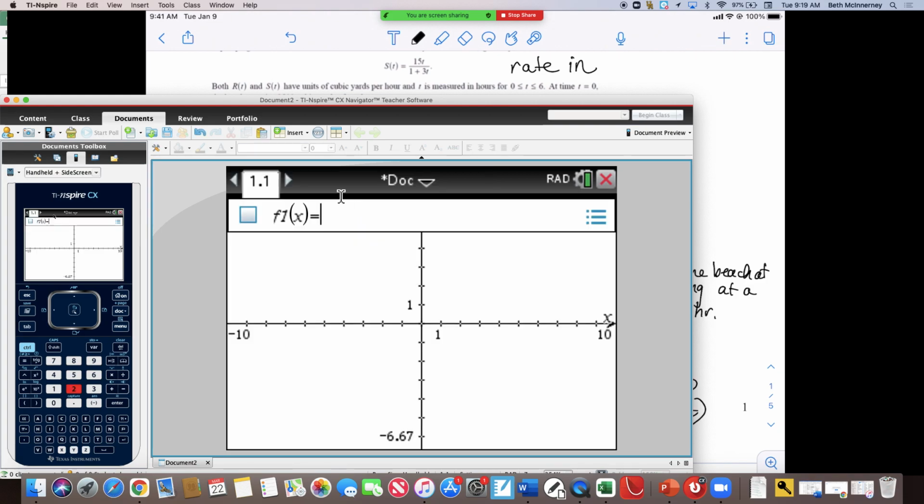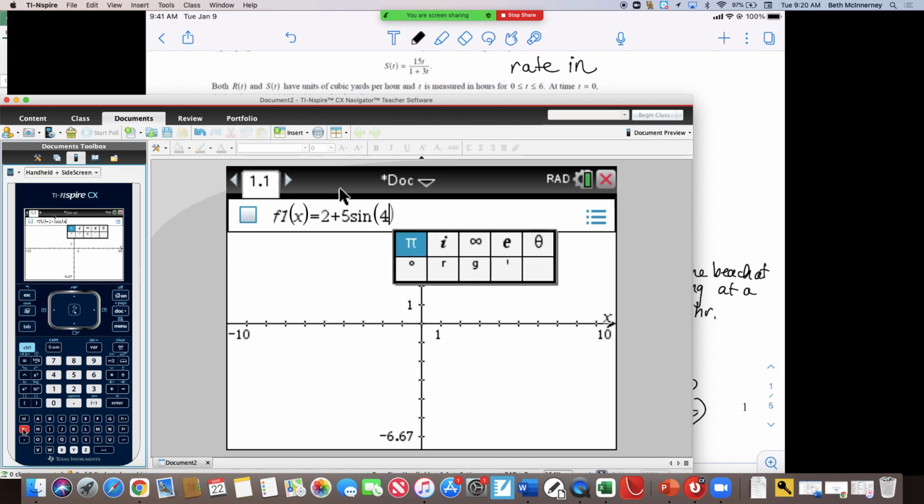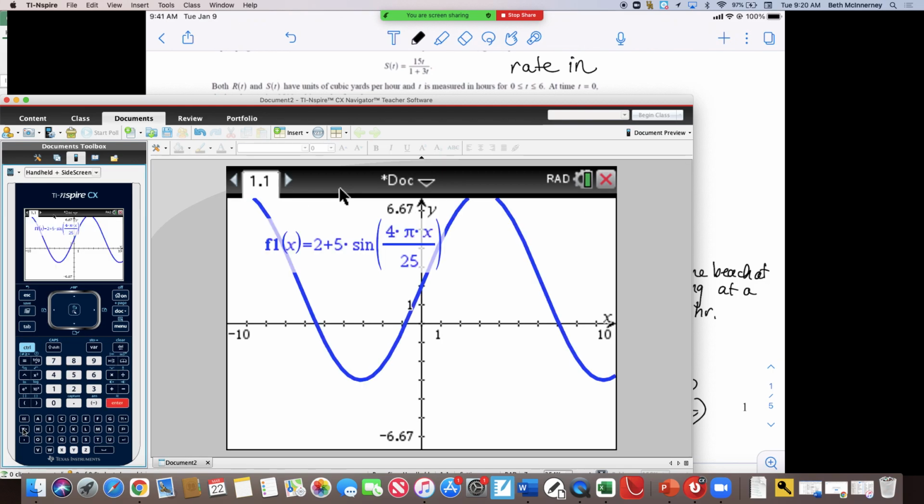So let's put R of t in. And then you're going to put S of t in, but I'm calling it x.